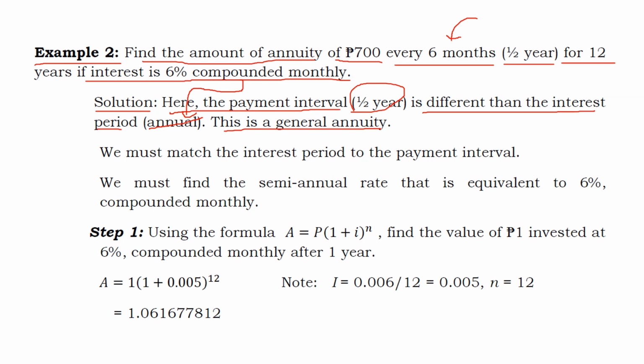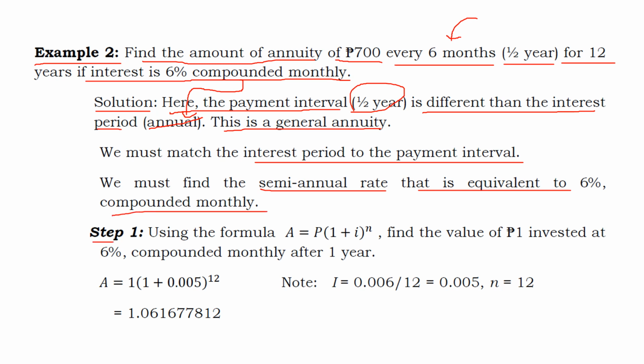Now, we must watch the interest period against the payment interval. If the payment interval is not the same as the interest period, then the example is a general annuity. So we must find the semi-annual rate that is equivalent to 6% compounded monthly.